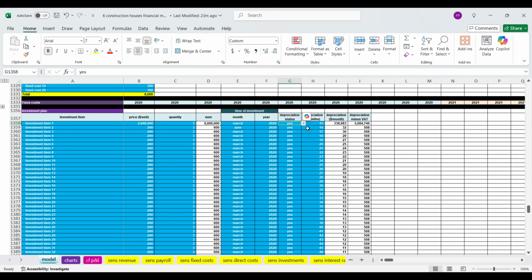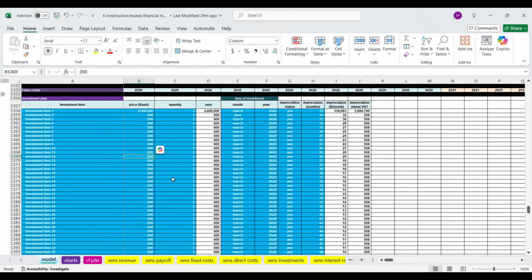Then we specify if there's any depreciation status, yes or no for this item, and how long the depreciation period will be. So this is the first investment plan. If we do have any investment stage expenses that are not linked to the moment when we start building the first house, we can specify them here.